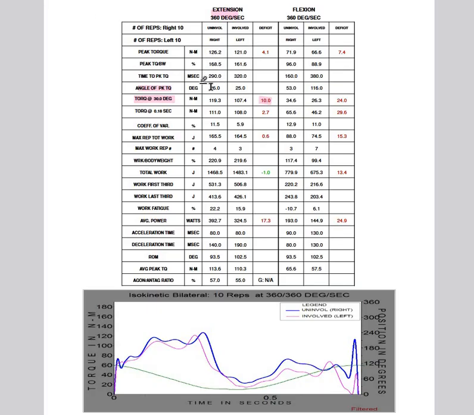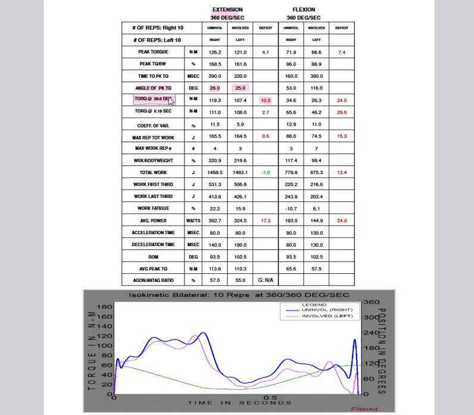The angle of peak torque here occurs at a similar position, so only 4 and 5 degrees from this optimal angle here. So that also warrants comparison. If you had the angle of peak torque occurring at the same position, which it more or less is, that also gives you a further discussion point.